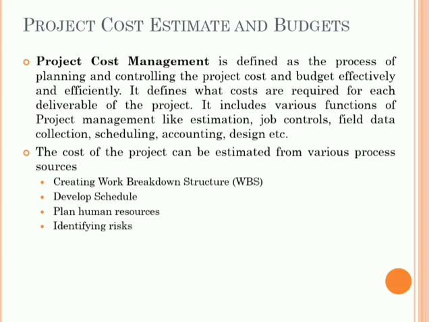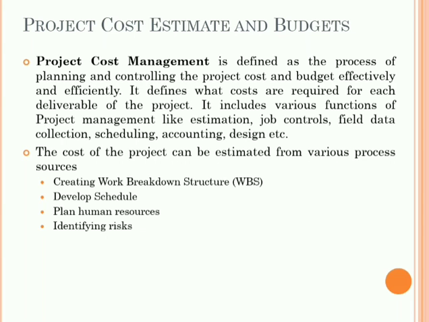The inputs needed for cost management are the project management plan, project charter, enterprise environmental factors, and organizational process assets, while the output of this process is the cost management plan for that project. Creating the estimation and costing for a project is an extremely crucial part of any project management.